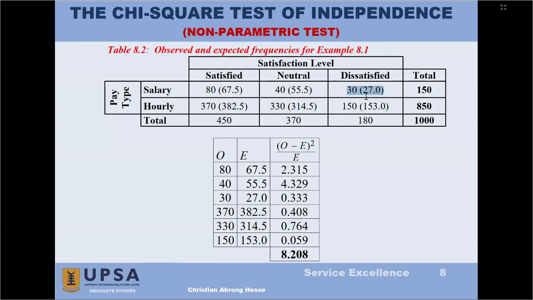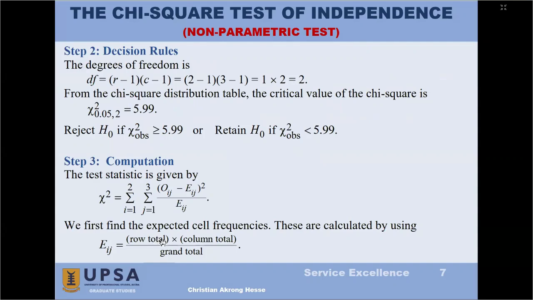Have I made myself clear? Can you see the row total? Can you see the screen? Row total times the column total divided by the grand total gives you the expected frequency.